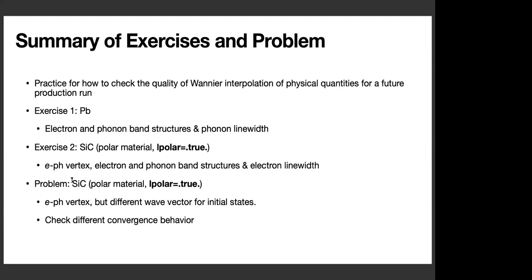This also considers silicon carbide, but in this problem, you need to use a different wave vector for the initial state. For example, in exercise 2, you will use the gamma point for initial states, but in this problem, you will consider a different wave vector for initial states.